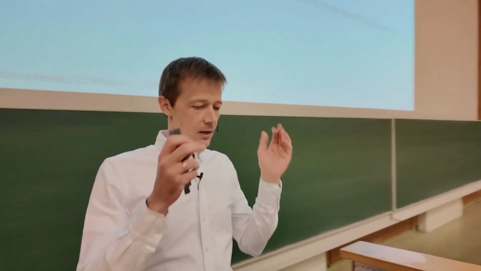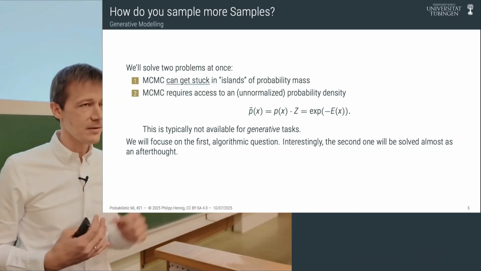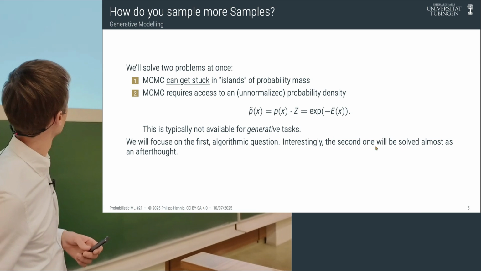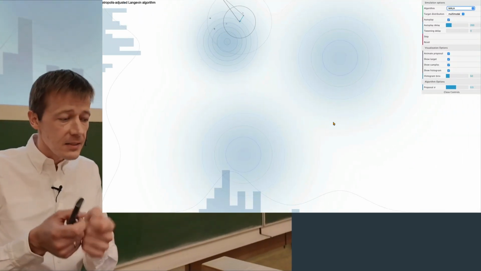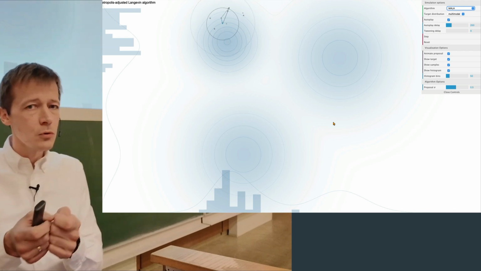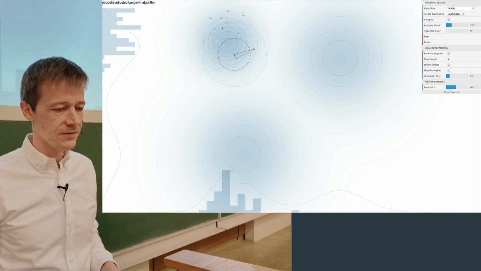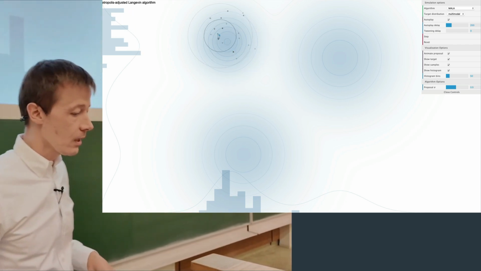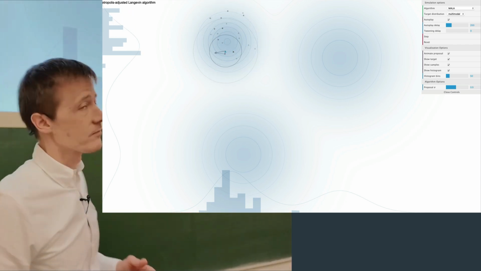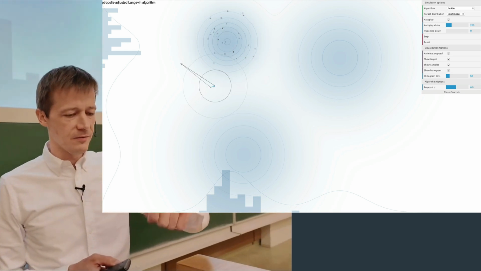So, quick recap. Last lecture, I introduced various methods. Let me go back to this picture. They iteratively move around the input space of a probability density function to produce samples from a distribution. By iteratively, I mean that they follow a Markov chain.